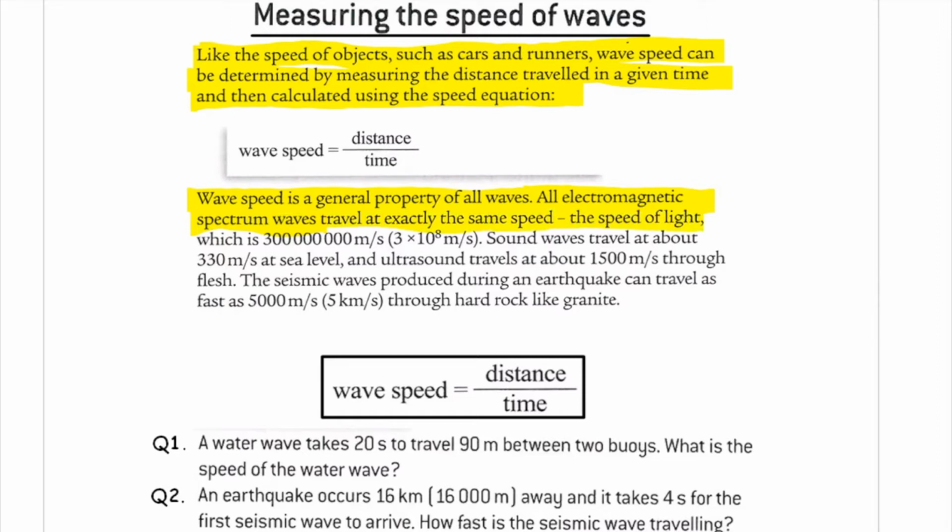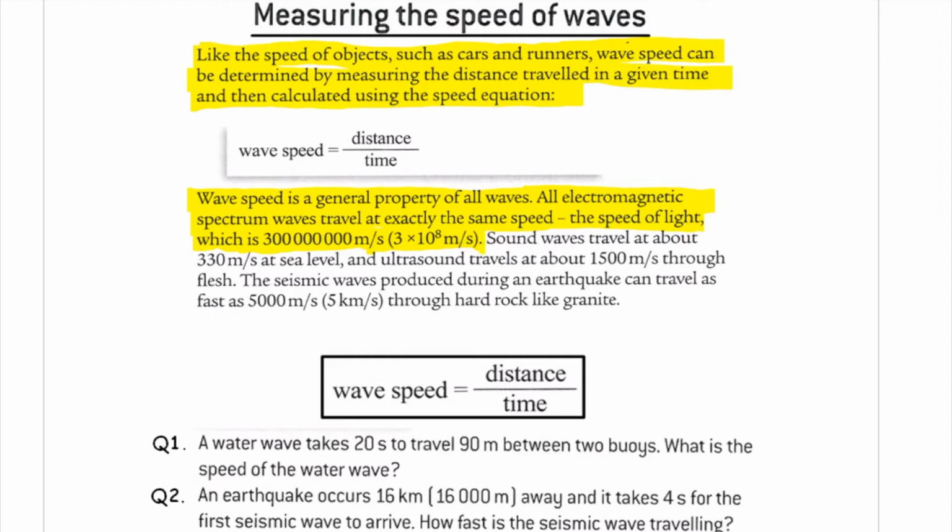Light is a type of electromagnetic wave, and nothing travels faster than 300 million meters per second. In standard form, that's 3 times 10 to the 8 meters per second. If light were able to travel around the world, we know it travels in straight lines, it would go around the world 8 times in 1 second.